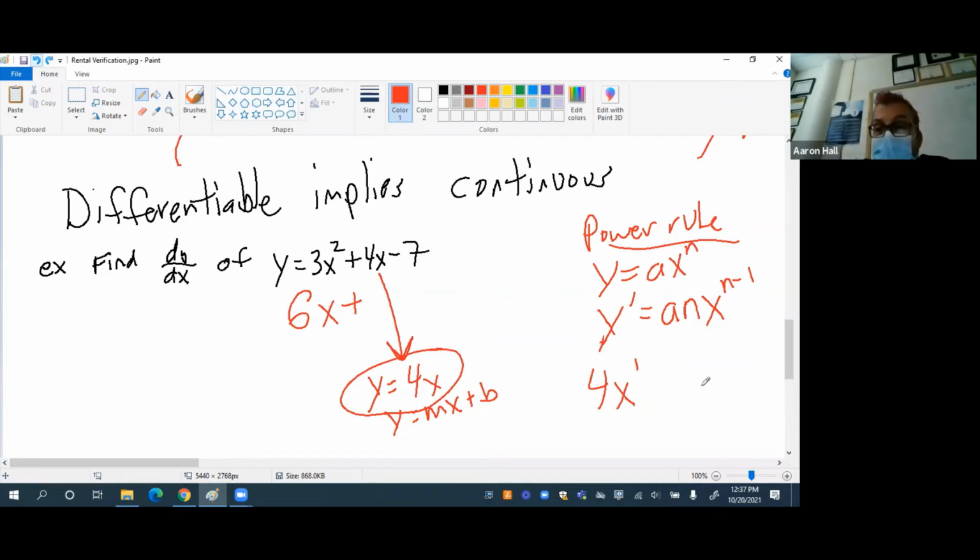All right, so I get 4. And then what do I do with my exponent? So I have 1 minus 1, which is 0. What's x to the power of 0? It's just 1. So I'm left with 4 times 1, which is 4. So I get the same answer. My slope or my derivative function for 4x is just 4.